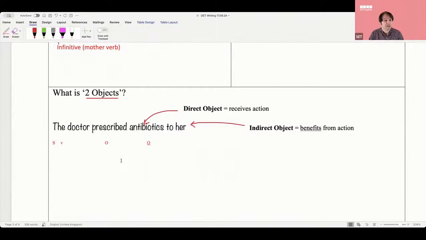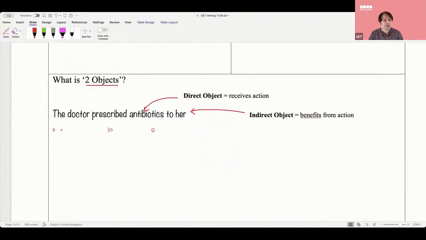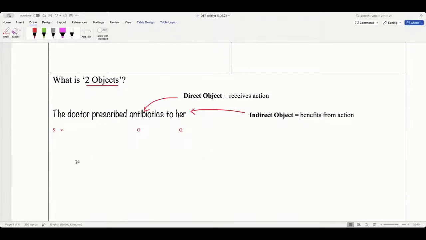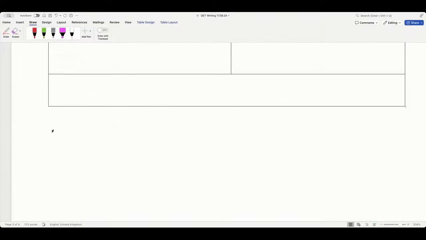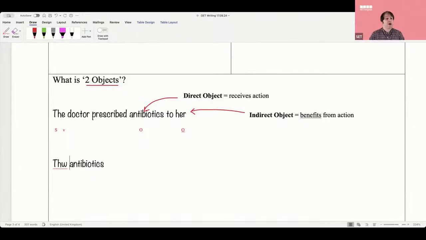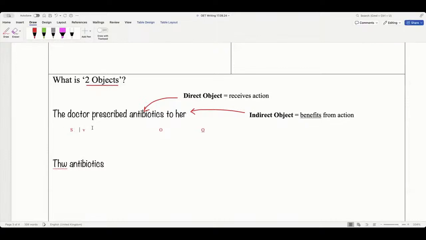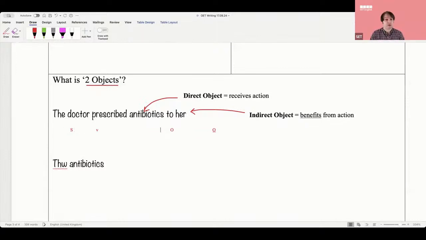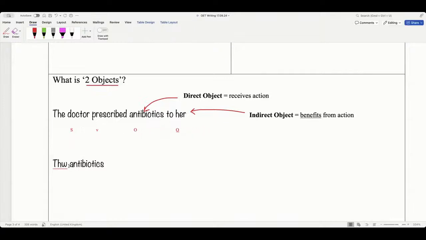Now, let's change it. Patricia, I want to change this now. Can you make a passive sentence for me? The antibiotics was prescribed. So, guys, is this the direct object or the indirect object? The antibiotics. Direct object. So you're starting with the direct object. Were.